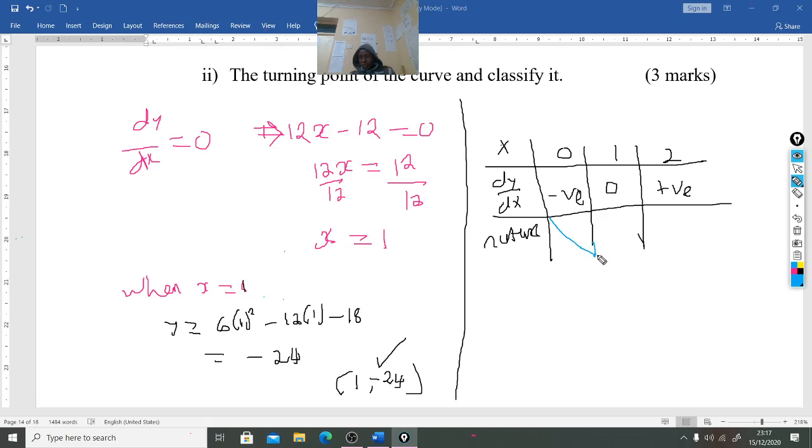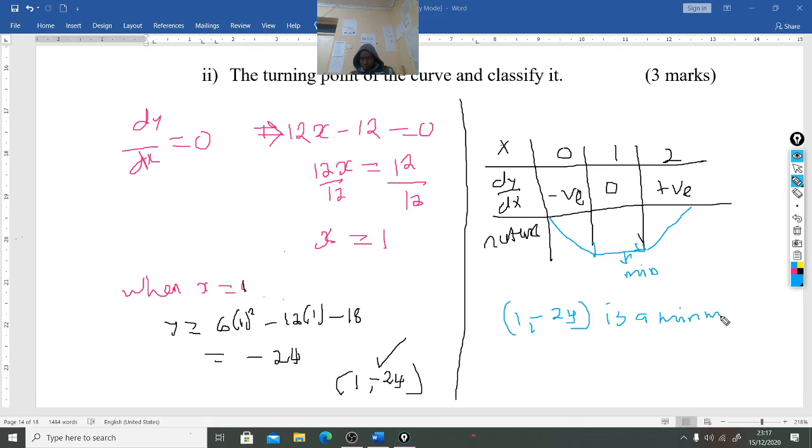Then at 0, it is moving this way. Then positive moves that way. So this one is a minimum point. Therefore the point (1, negative 24) is a minimum point.